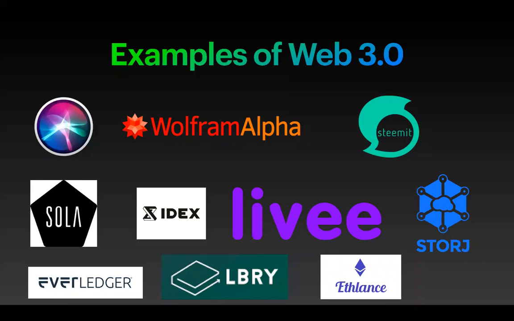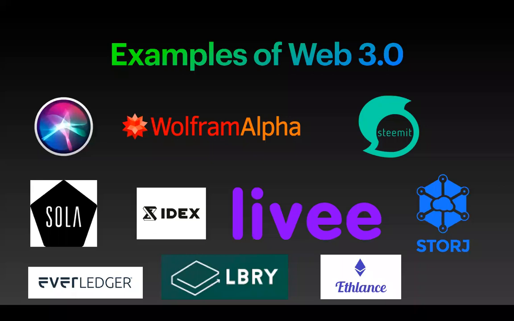Steemit is there. Steemit is a blockchain-based blogging and social media platform. Ethlance is there. It uses Ethereum cryptocurrency technology, and it basically helps in getting jobs. Storj is there.